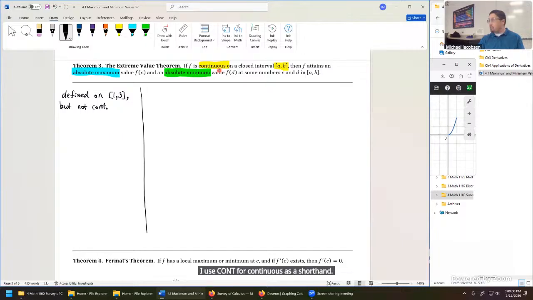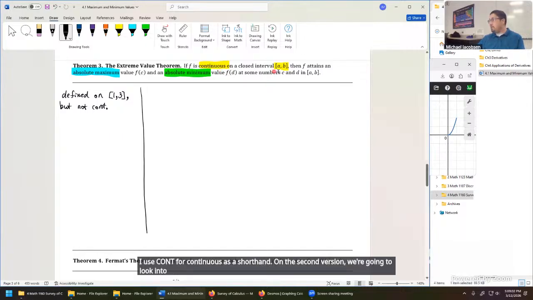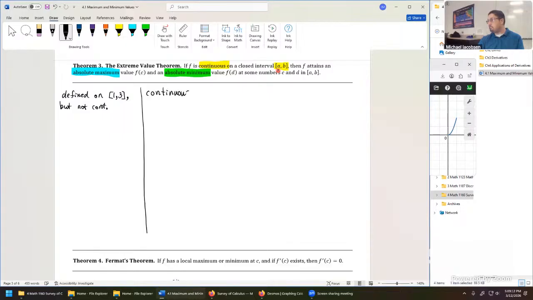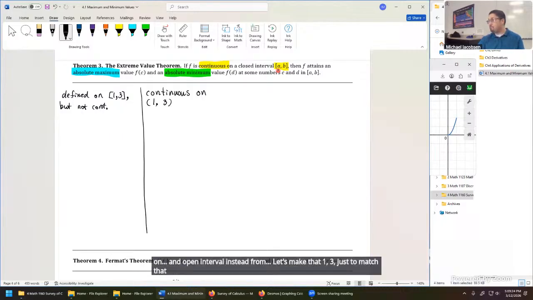On a second version, we're going to look into what happens if we take off the closed interval condition. So strip that and say it's continuous on an open interval instead, (1, 3), just to match that up.